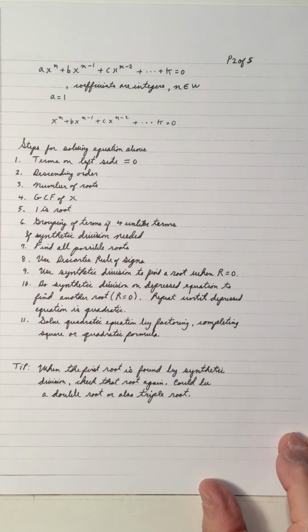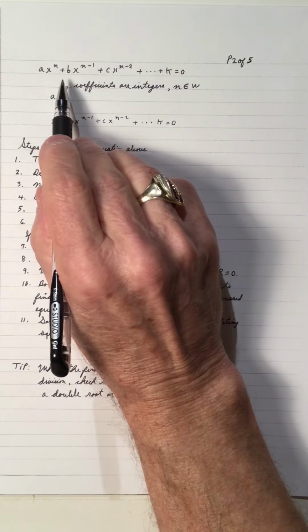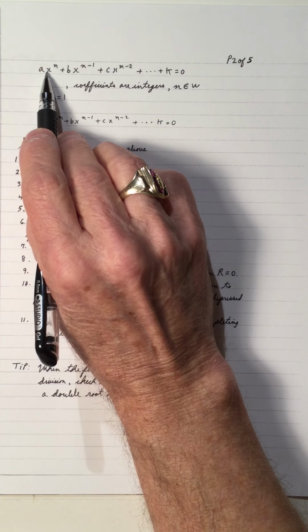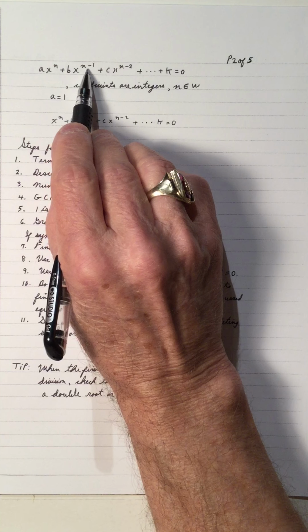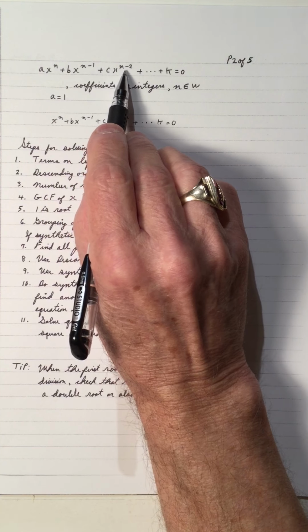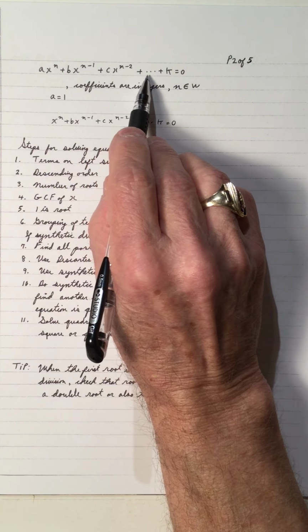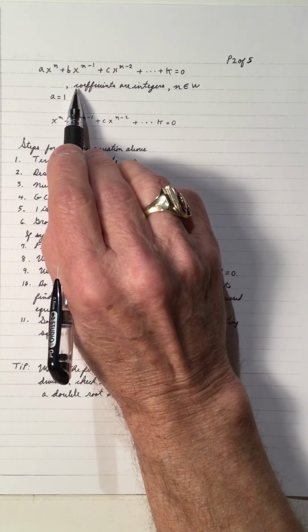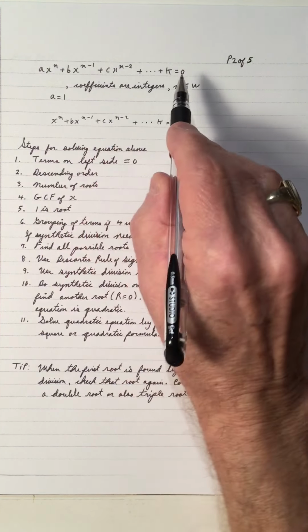And again, we're solving a polynomial equation that's ax^n + bx^(n-1) + cx^(n-2) and so on, plus k, which is the constant term. And the coefficients are integers.